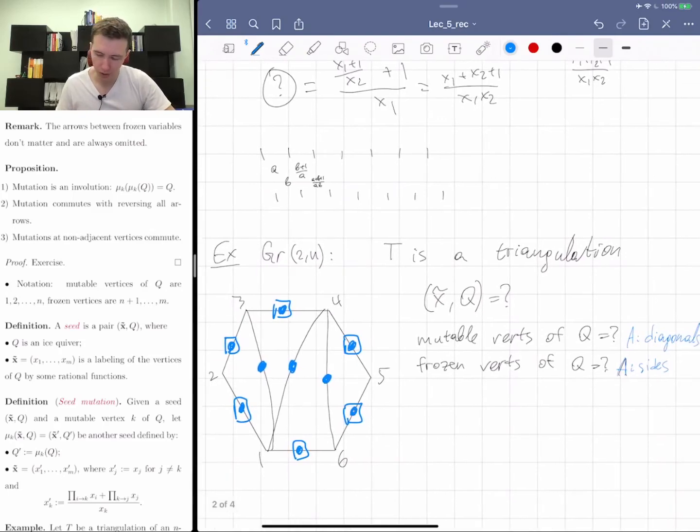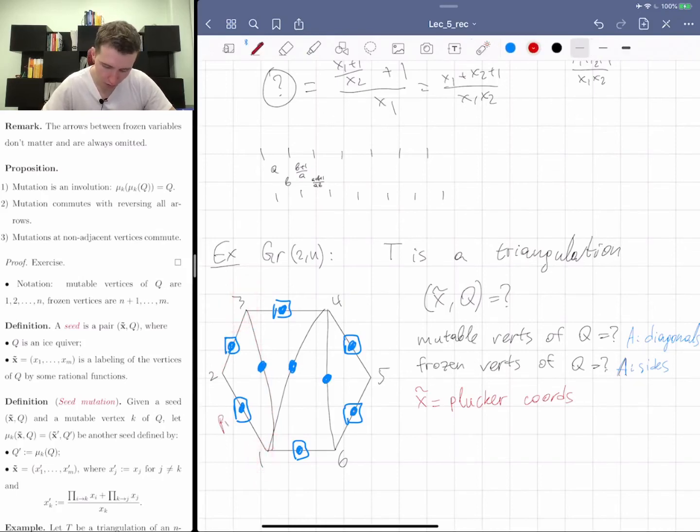Now is a good time to guess what the labels in the extended cluster are. As I already gave you a hint, these x tilde are just the corresponding Plücker coordinates. Every side or diagonal connects some i to some j, so you label it by P_ij.